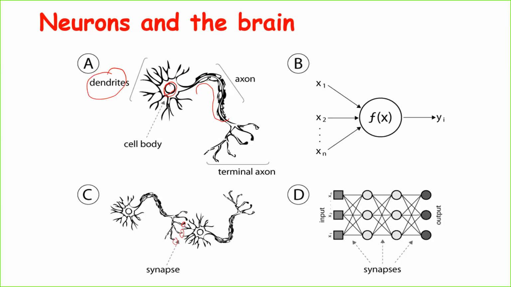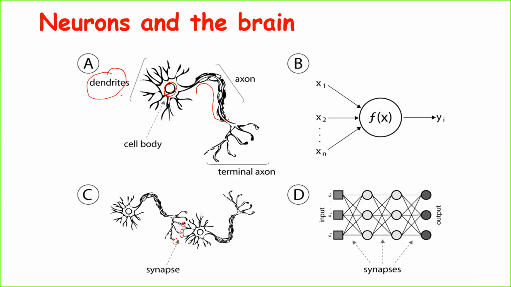So these dendrites are like the inputs. They receive the spiking signals from the other neurons. Okay, and the width of the dendrite determines the weight associated with that input. Right. So the dendrites are like the inputs, receiving signals from other neurons, and the width of the dendrite determines the weight associated with that input.